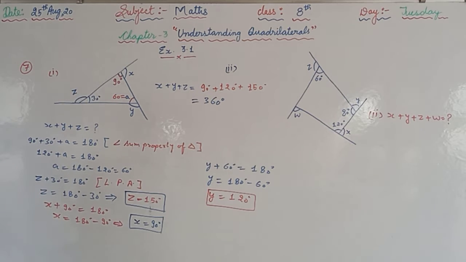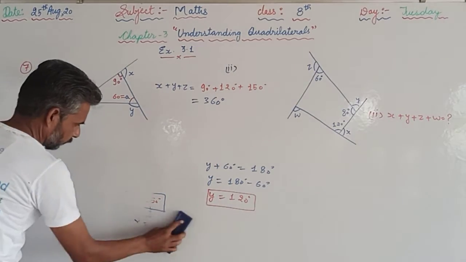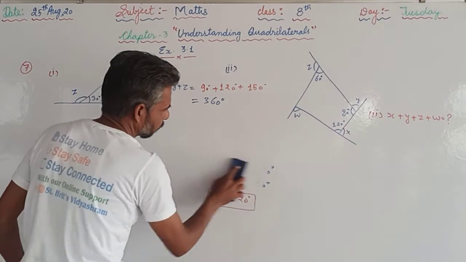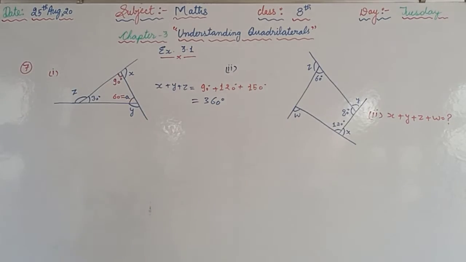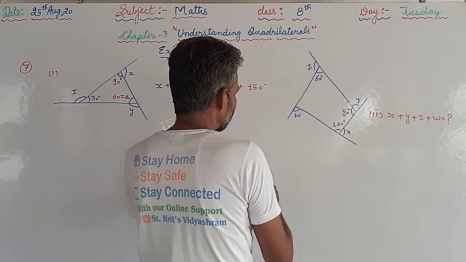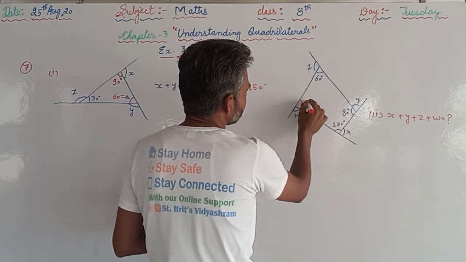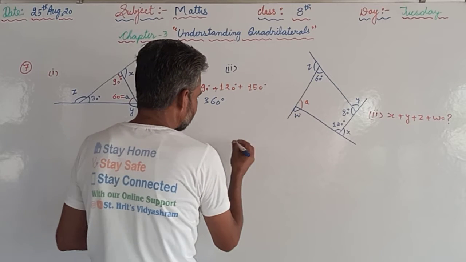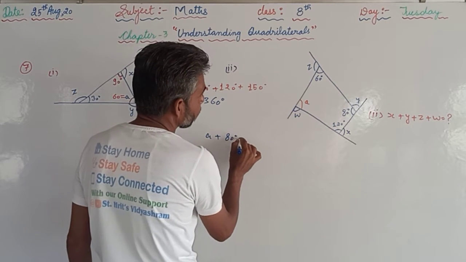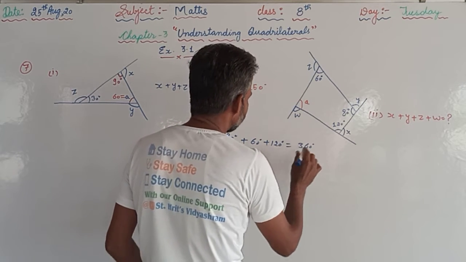Now we are supposed to proceed to the sum of the exterior angles of a quadrilateral. So from here, first of all we have to find the interior angle of that quadrilateral, that suppose that is A. So we can write A plus 80 degree plus 60 degree plus 120 degree is equals to 360 degree. Why?